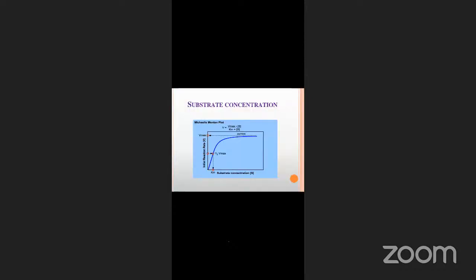But after the saturation point, though you add more and more substrate, the reaction remains constant. It cannot increase. Why? Because the active sites are limited. Even if you add more substrate, you cannot accommodate it in the active sites, so the enzyme catalyzed reaction cannot increase further. This is how the Michaelis-Menten plot looks.